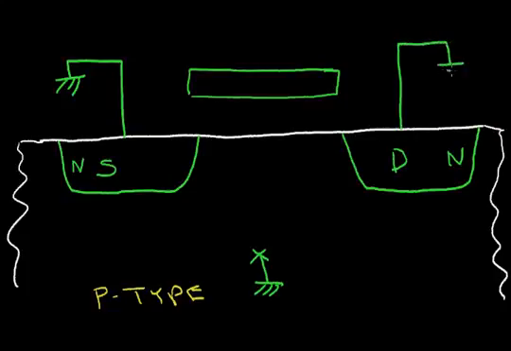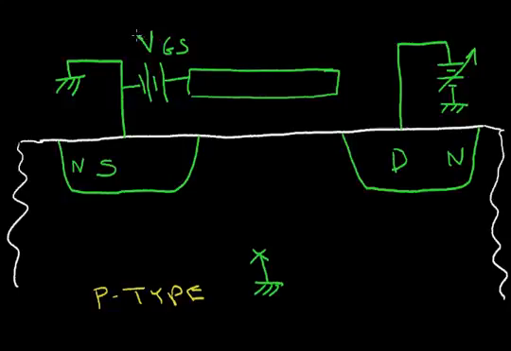So we're going to put a battery in here. Let's say this terminal of the battery connects to ground. And this is an adjustable battery, so I'm going to put an arrow through it, saying that we can change the voltage of this battery from 0 to 1 volt to 2 volts, whatever we wish. And let's say that we also have a battery from the source to the gate. So this is the voltage gate to source. And again, we can make this a variable.